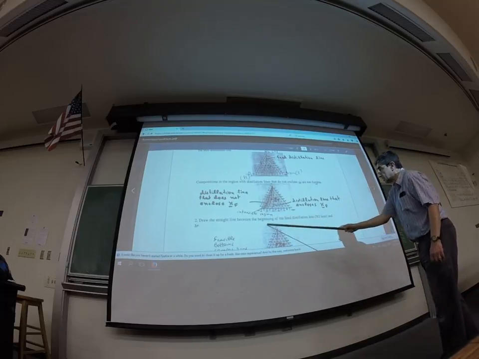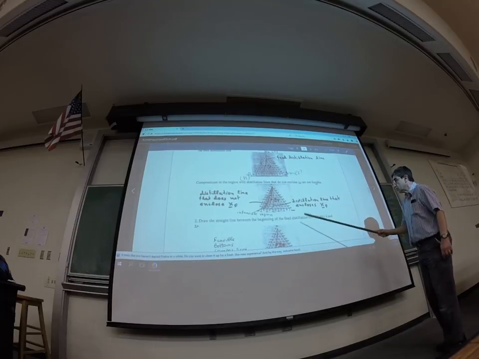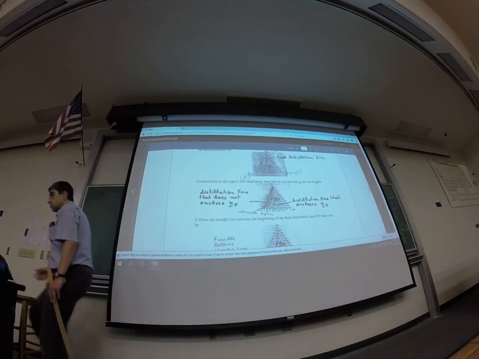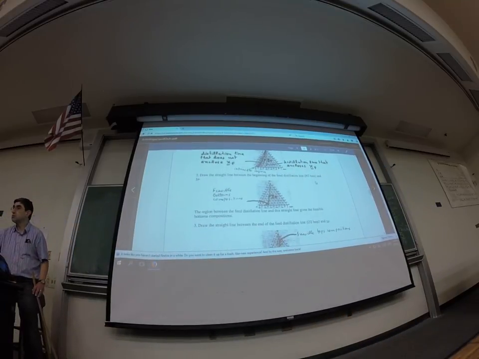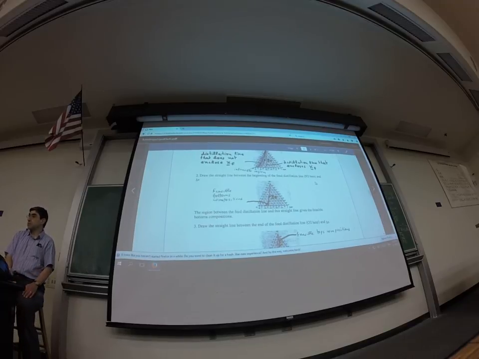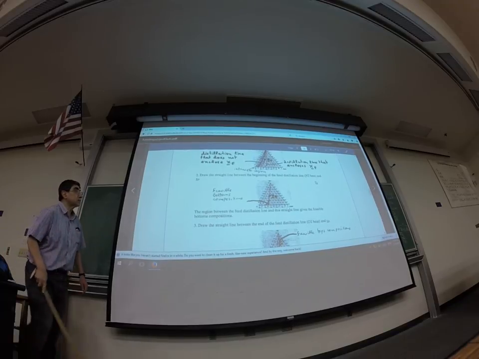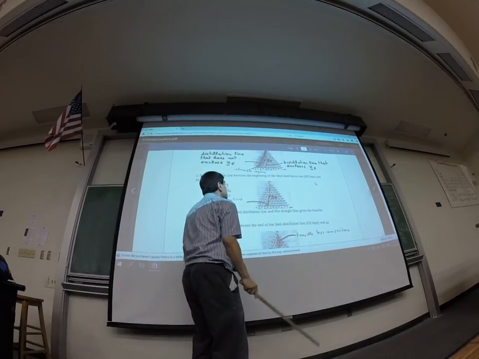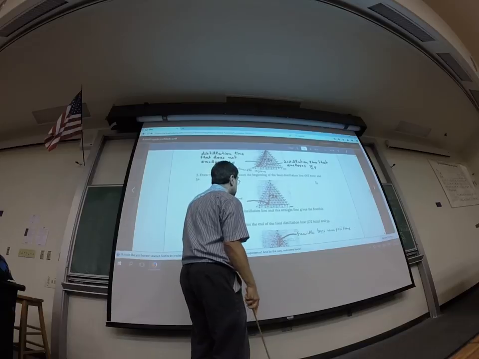Second, we draw the straight line between the beginning of the feed distillation line, the source, and the feed. So the beginning is the most volatile. So in this case, the most volatile is nitrogen.